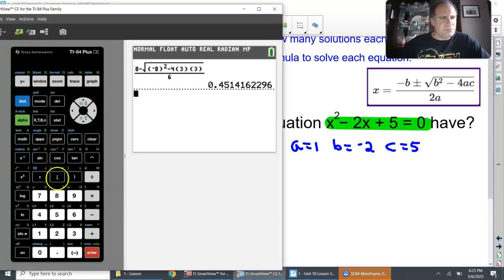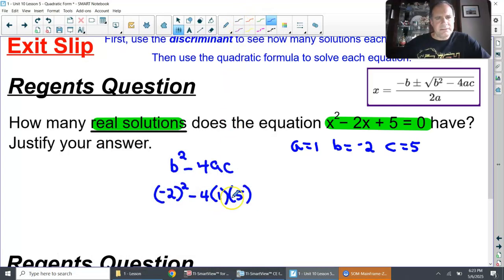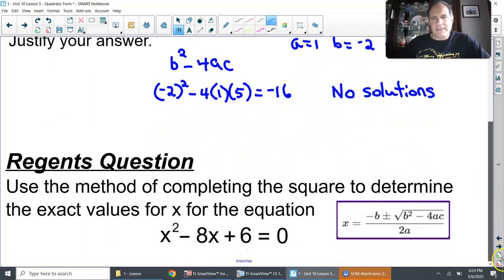It's -2 squared minus 4 times a times c. And we're going to put that directly in, and we get -16, right? And that is no solution. So no solutions on that one.